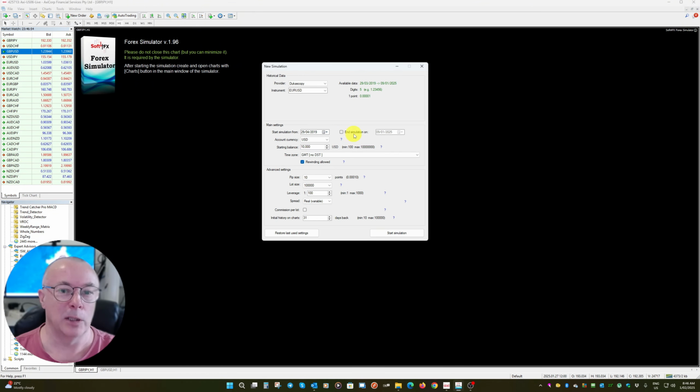Okay, let's start a new simulation, and I'm going to use the pair on this one, pound dollar. We're doing a 10k challenge here, so I'm simulating a $10,000 account. I'm allowing for $7 commission because that is the commission that's charged by my broker that I'm using for this example, which is Axi.